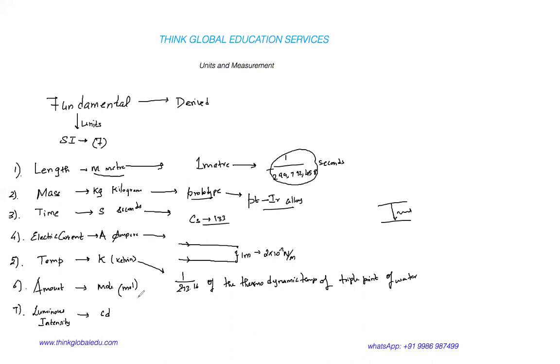The amount of substance that contains as many elementary entities, meaning as many molecules or atoms, as there are atoms in 0.012 kilogram, or 12 gram, of carbon 12 is called a mole.